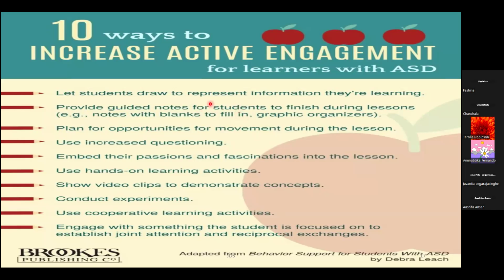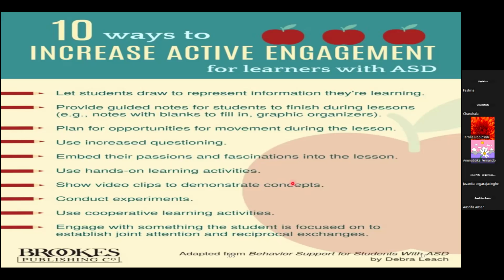If you make them do certain activities, several behavioral changes can be brought about in the children. Draw to represent information. It can be a mind map. It can be a picture. You make them focus their entire attention and do something.